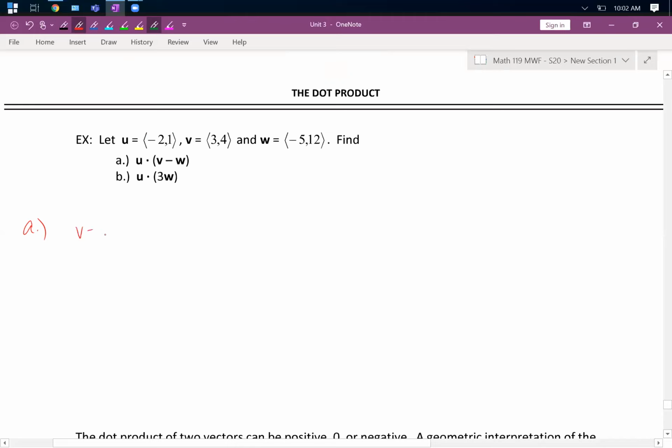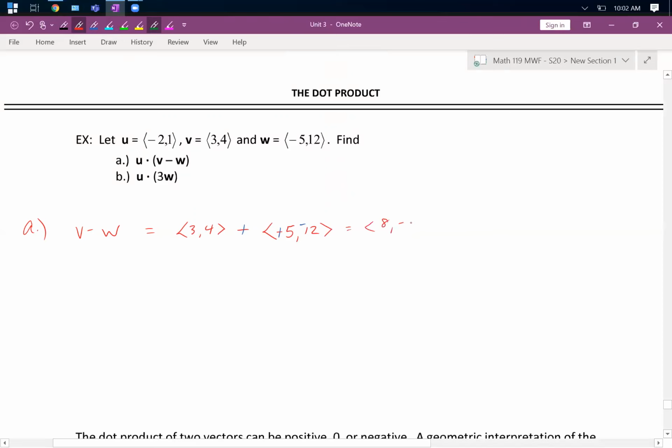Starting with v minus w, that's just where we are subtracting our first components and our second components. And when it's subtraction, I always like to distribute the negative and then make it addition.